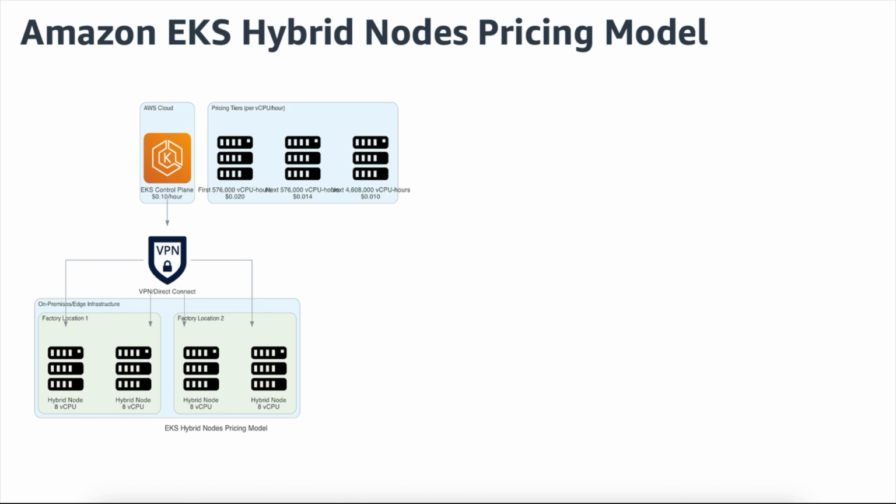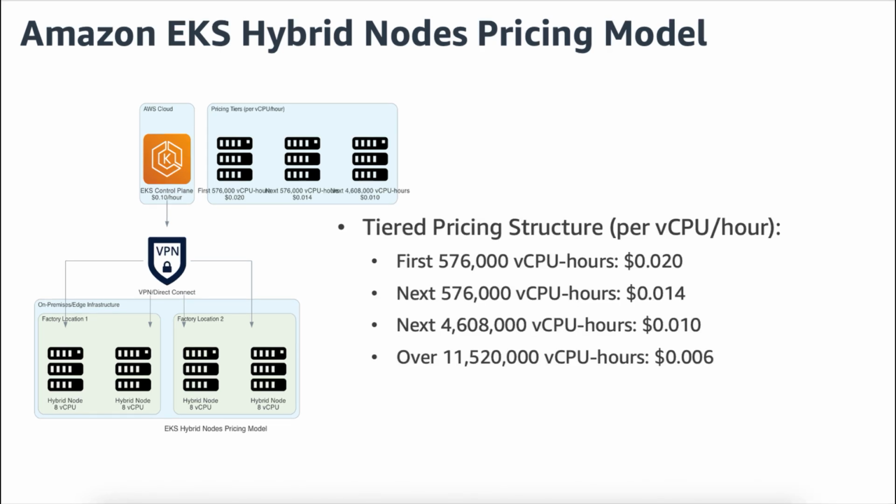EKS hybrid nodes enable you to run Kubernetes workloads on your own infrastructure while still leveraging the EKS control plane. This is particularly valuable for edge computing scenarios, data residency requirements, or when you have existing on-premises infrastructure investments. The pricing follows a tiered structure based on vCPU hours consumed.